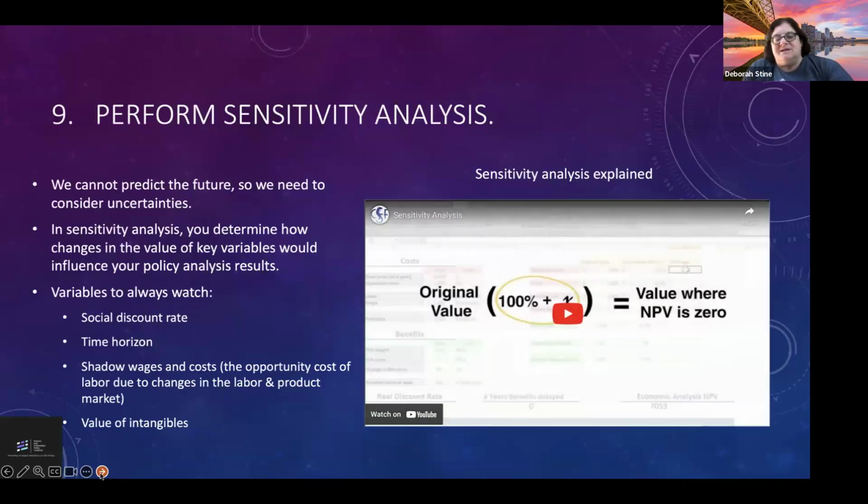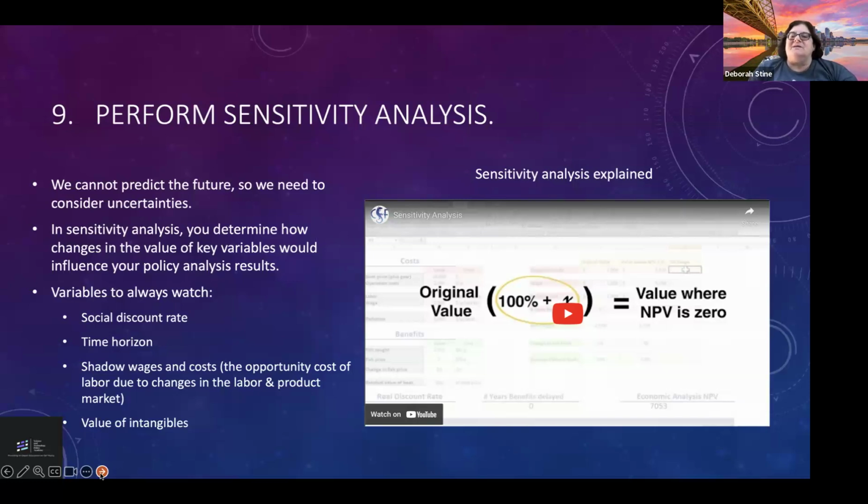Okay, so this is the sensitivity analysis. Again, this is a video on sensitivity analysis 101. But basically, the concept behind sensitivity analysis is that things happen, right? Wars happen, energy prices change, we have pandemics, all these different things.